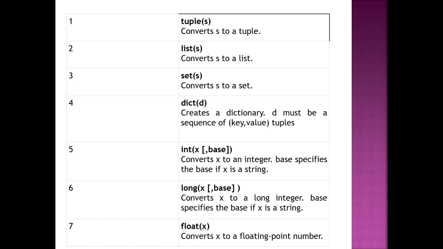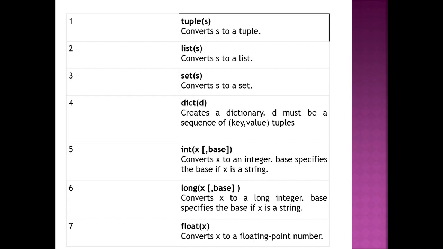In the sixth statement, I am trying to convert x to a long integer. x is some other data type; for example, here x is a string. It can be of any other type other than long. So I am trying to convert that string into a long. In the seventh statement, I have given float of x.